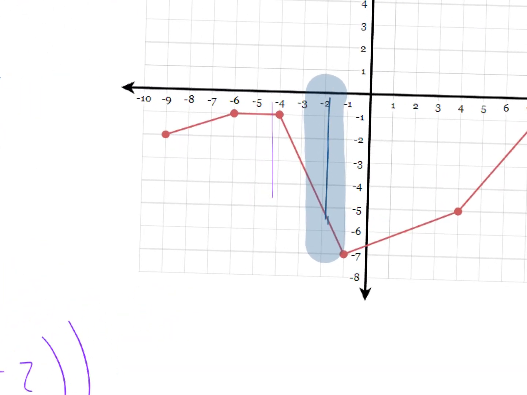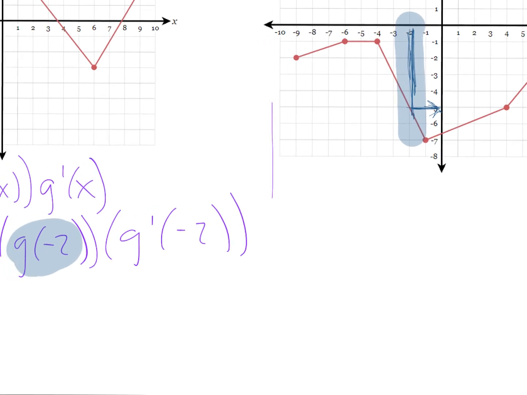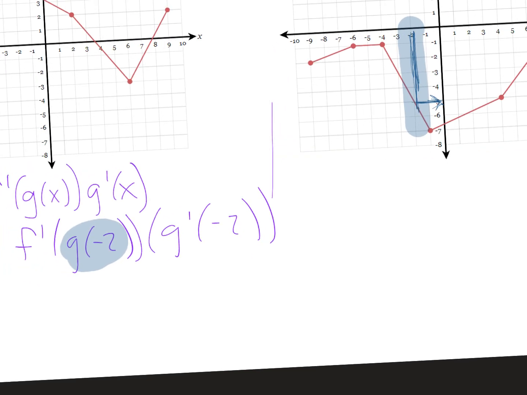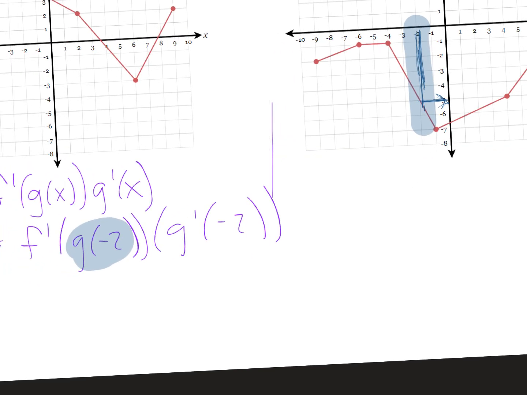Let me zoom in a little. I think they mean for it to equal negative 5. I'm looking at Mrs. Rawson's notes right now and she has it as negative 5. It's not the best drawing in the world, but we're going to go with the fact that g of negative 2 equals negative 5. Let me zoom this back out. So that one number that I know is negative 5.